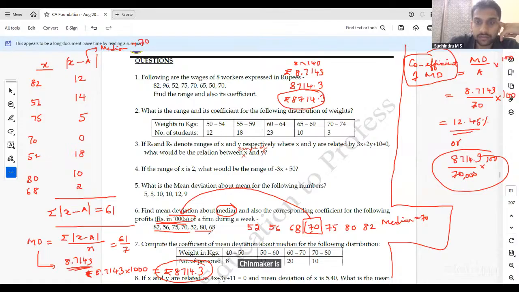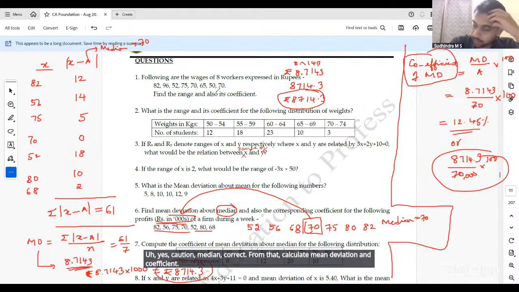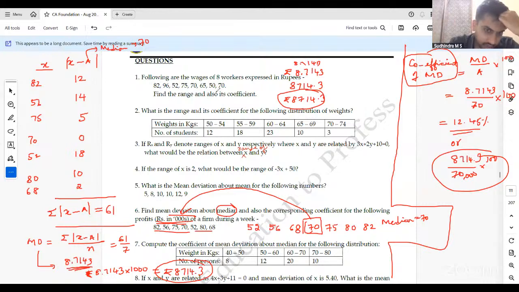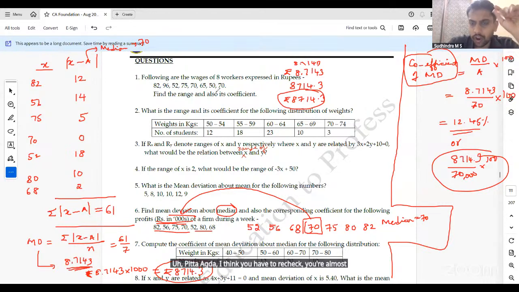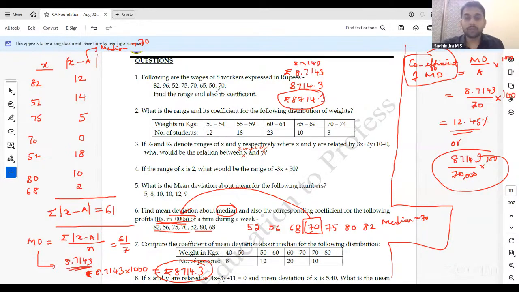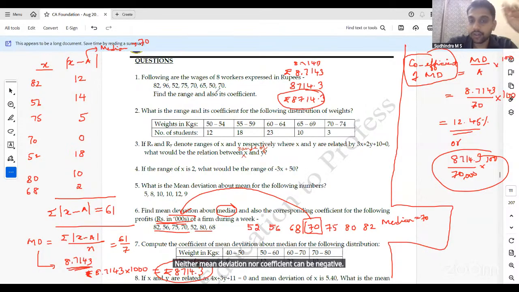Chinmay K is correct. Good. Yes, Kaushal. Median correct. From that, calculate mean deviation and coefficient. Arpita Hegde, I think you have to recheck. You're almost there. Maybe small mistakes here and there. No, Apurva. Neither mean deviation nor coefficient can be negative. Okay, that's one point we have to keep in mind.